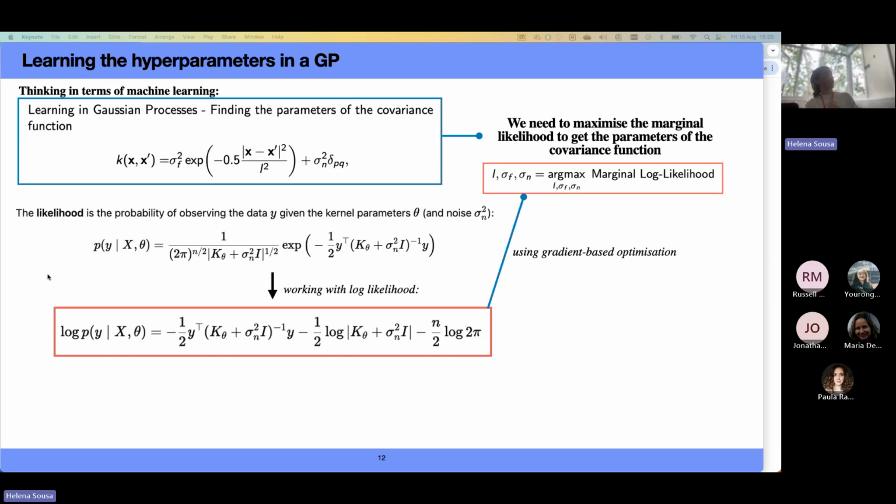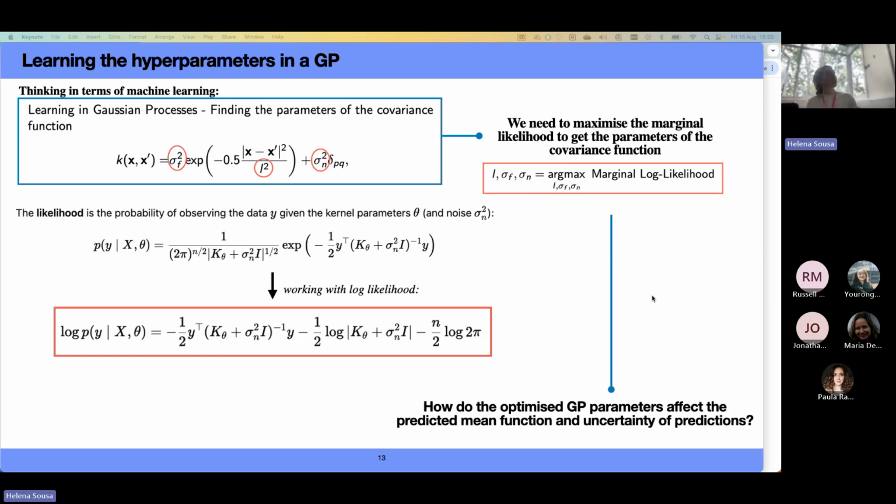Again, I skipped a bit of the math, but what we end up optimizing is this formula, where we optimize the parameters of our kernel, and also this noise sigma, which is just the observational noise of our data.